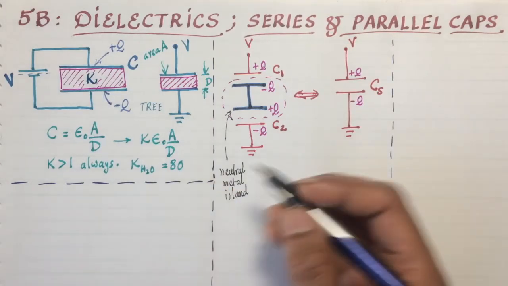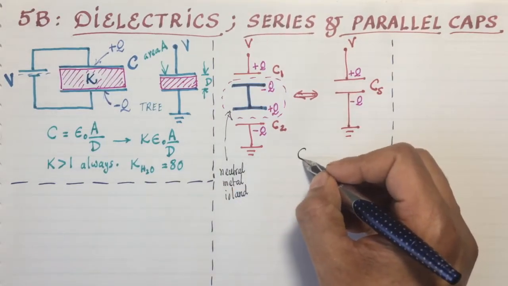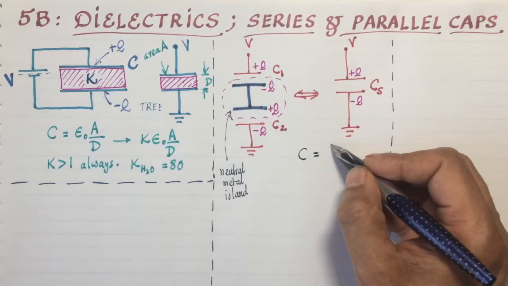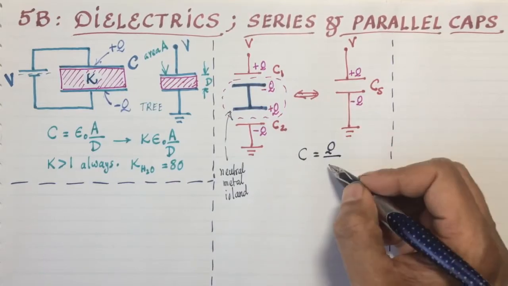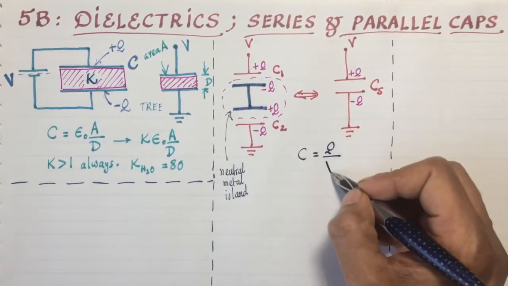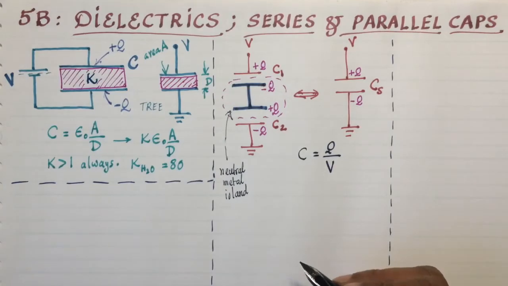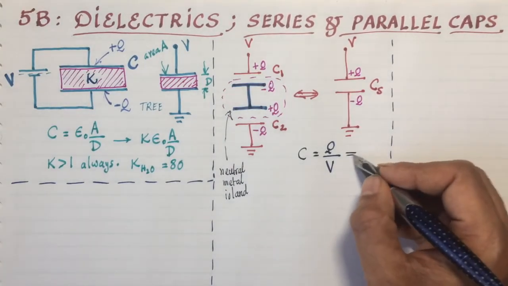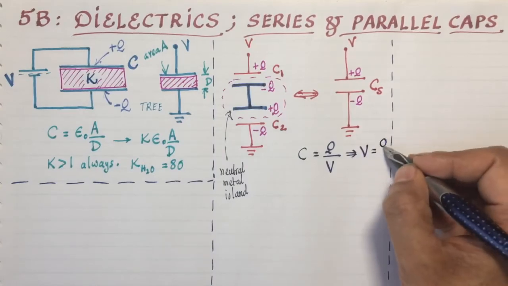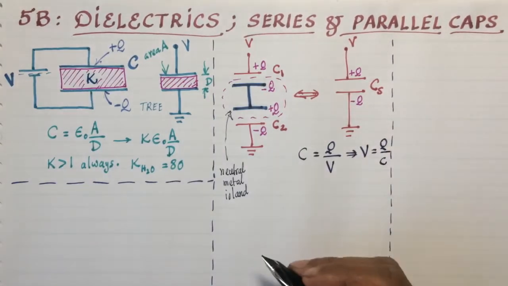Now, for a capacitor, remember that the capacitance of a capacitor is given by the charge Q divided by the change in voltage. Change in voltage is just the voltage. So that's the governing equation for a capacitor. That means the voltage is given by Q over C by rearranging.